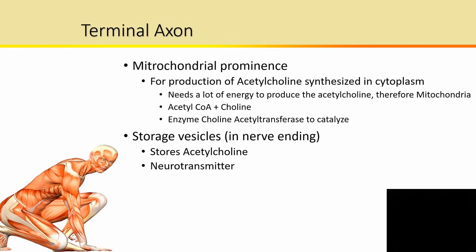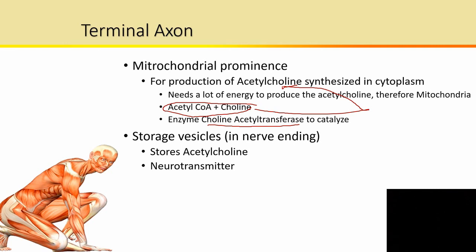What happens is that the breakdown products get transported back into the axon terminal, and basically with the acetyl-CoA and the choline as breakdown products of the acetylcholine, this enzyme choline acetyltransferase will actually take and combine these two things and produce those into acetylcholine, and that's where we get the acetylcholine. Once the acetylcholine then is made in the axon terminal, they're stored in vesicles in the nerve endings.